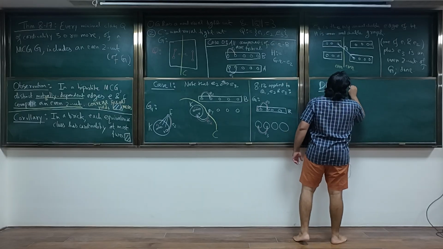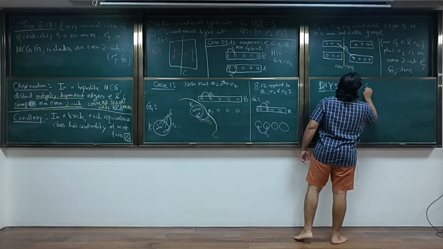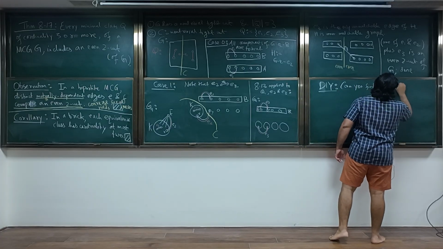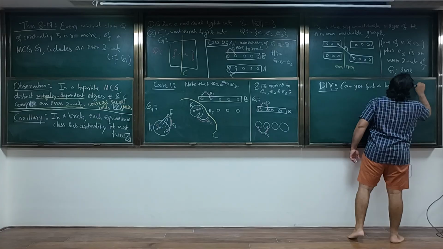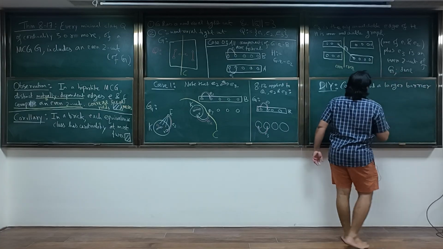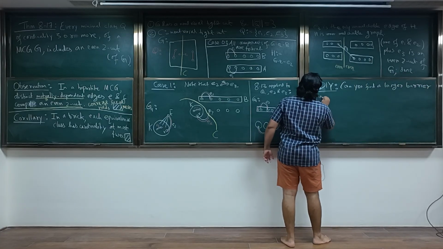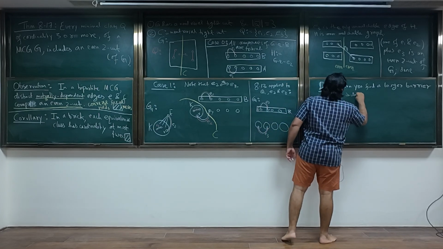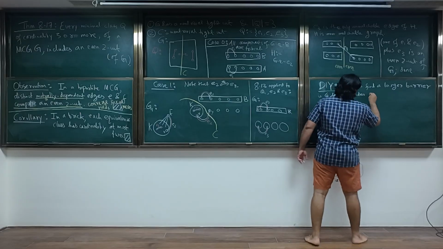Can you find a larger barrier in G that includes the original B as a subset?